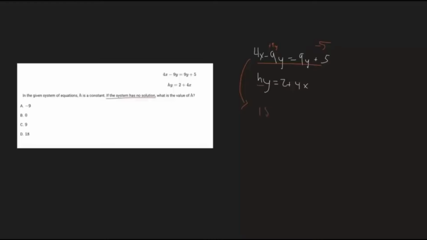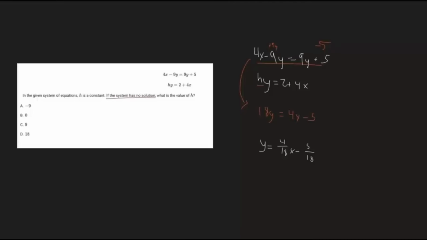So we have 18y = 4x − 5. And now for slope-intercept form, we divide both sides by 18. So y will be equivalent to (4/18)x − 5/18.